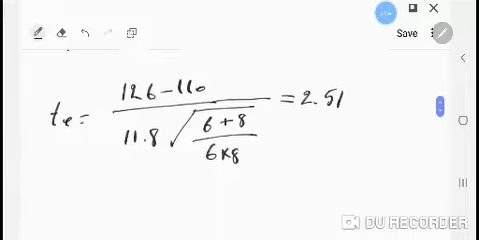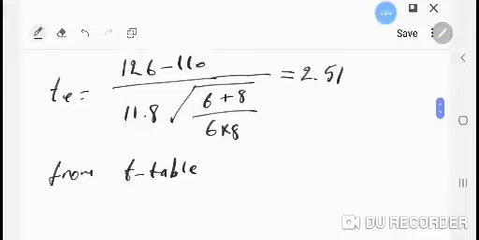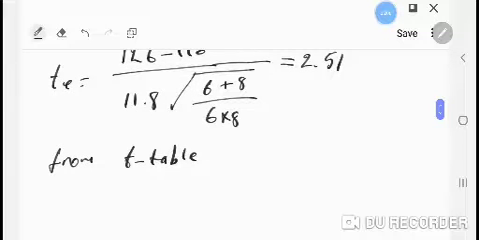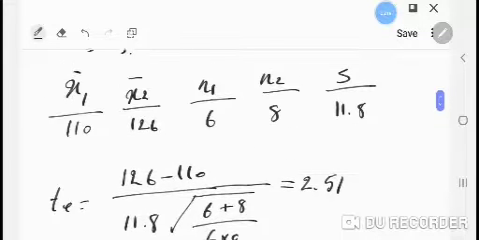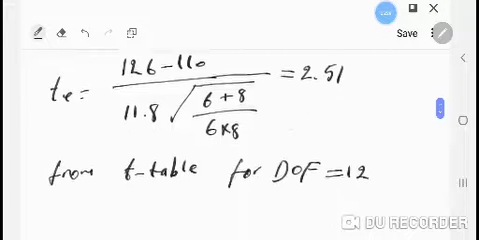From the t table, you can download a t-table from the internet, for degrees of freedom 12, because the number of sample 1 is 6 plus 8 minus 2, which is 12.